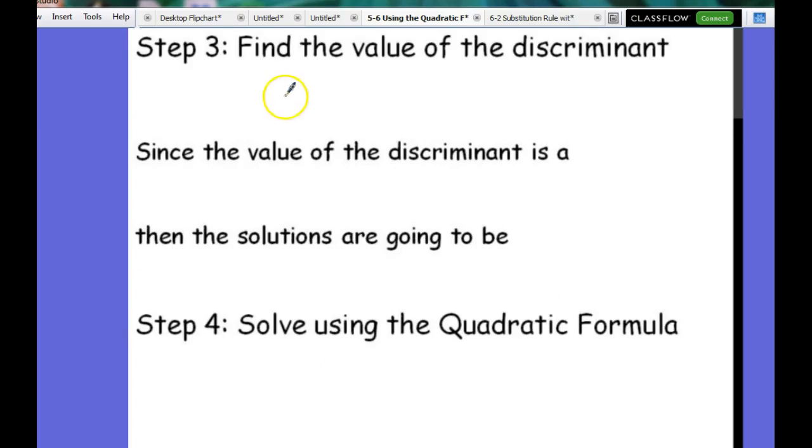Finding my discriminant, it's 2 squared minus 4 times 1 times negative 63. Positive 256.